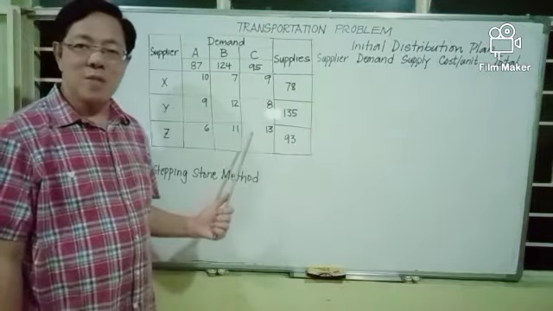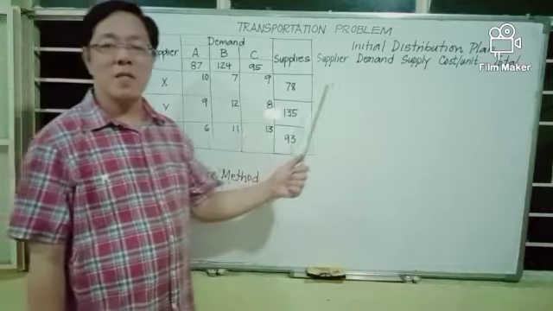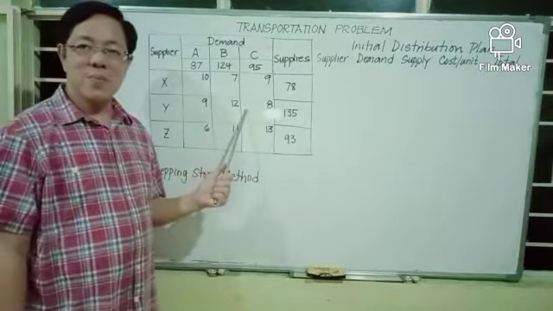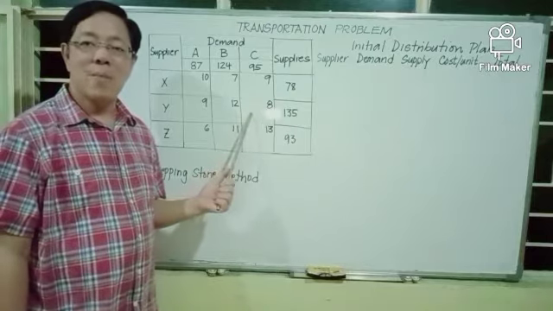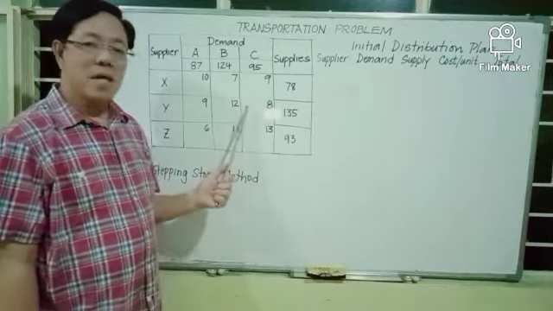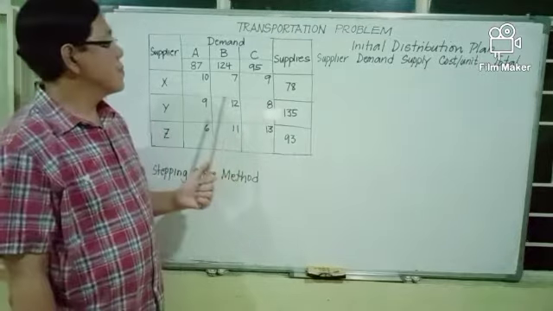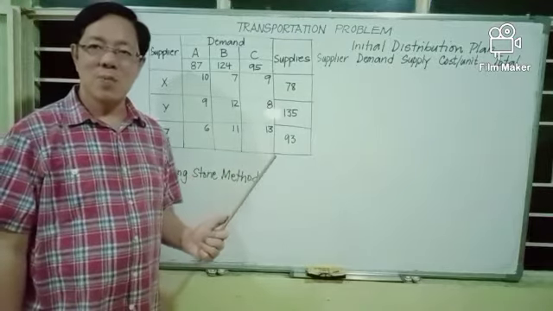For each table, there is a corresponding transportation plan. If the given transportation table is balanced, then this table becomes the initial transportation table.